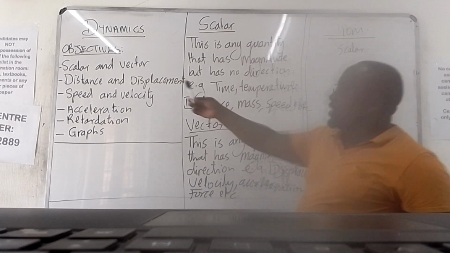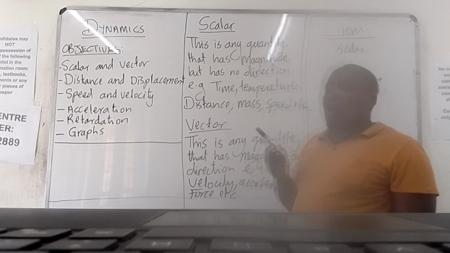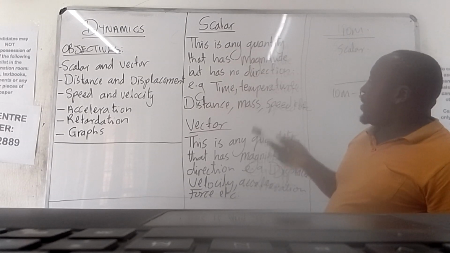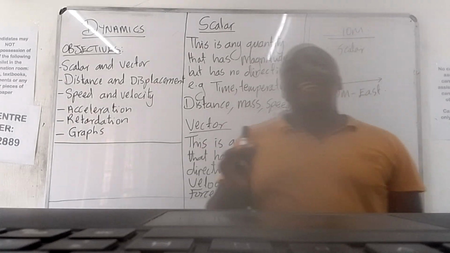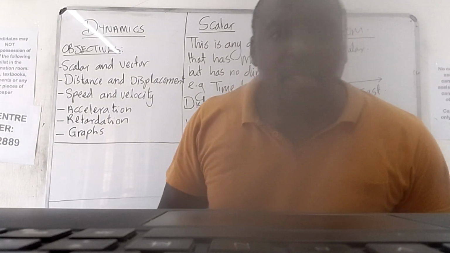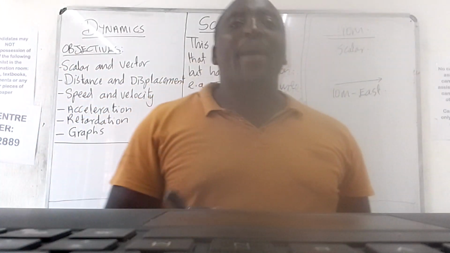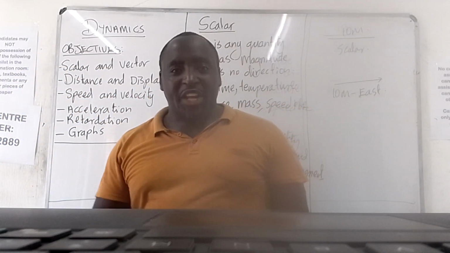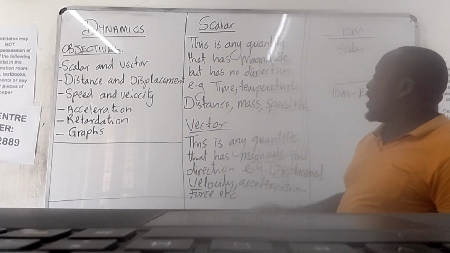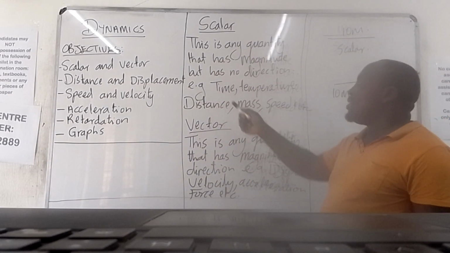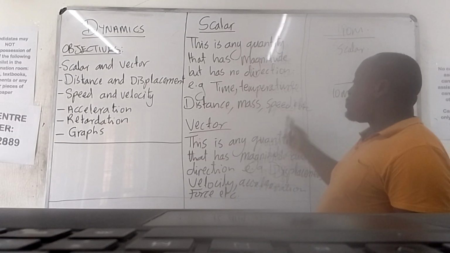What I was explaining is scalar and vector. In the definition, we say scalar is any quantity that has magnitude but does not have direction. To be specific, examples are time, temperature, distance, mass, speed.